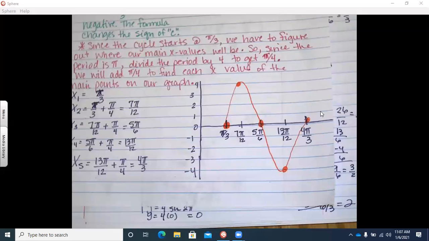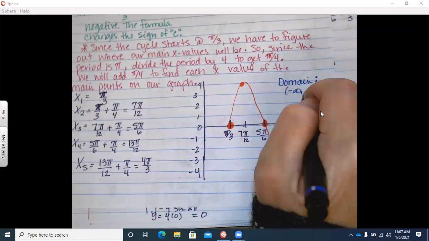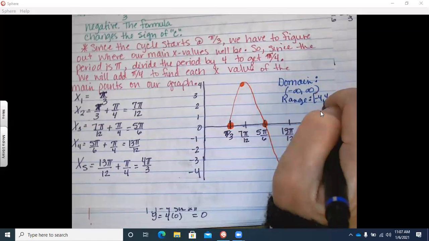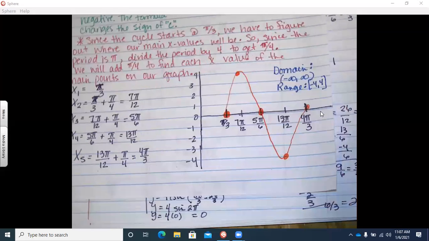Negative infinity to positive infinity. What's the range? -4 to +4. We use brackets because they're both included. And is it a vertical stretch or a shrink? Stretch by a factor of what? 4.